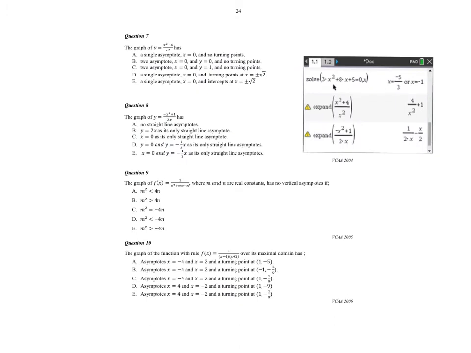Again, we've got a function there. We want to know where the asymptotes occur. A way we could approach it is I expanded the function itself, and you end up with 4 on x squared plus 1. So clearly that's just 1 plus 4 on x squared, so it's a truncus shifted up 1 unit, isn't it? So what does that mean? We have a single vertical asymptote at x equal to 0, and a horizontal asymptote.